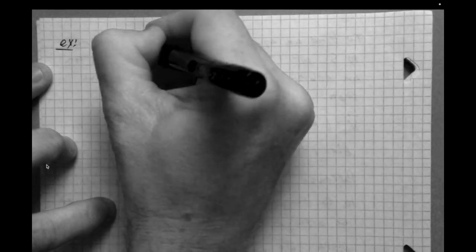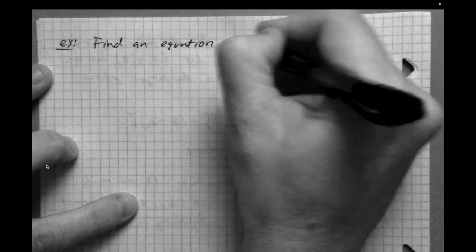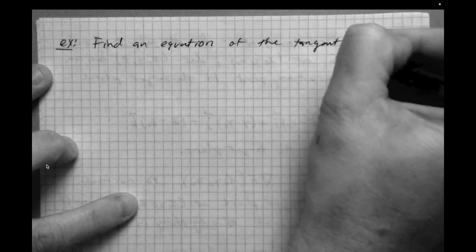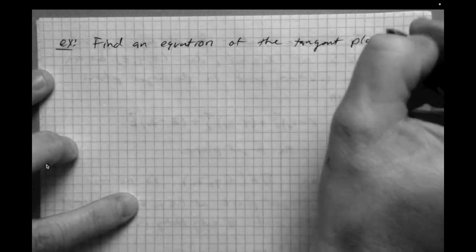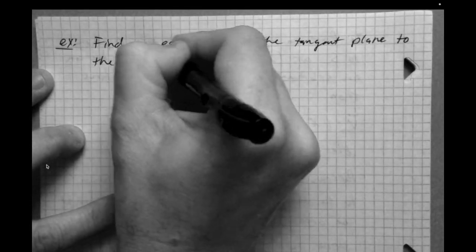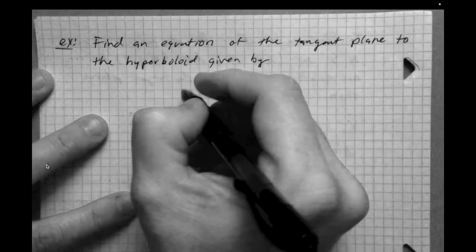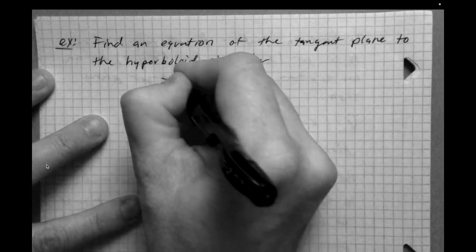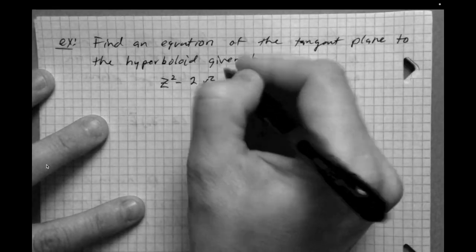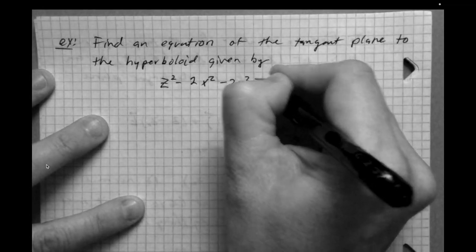Okay, so example. Find an equation of the tangent plane to the hyperboloid given by, all right, and here's the equation, z squared minus 2x squared minus 2y squared equals 12.